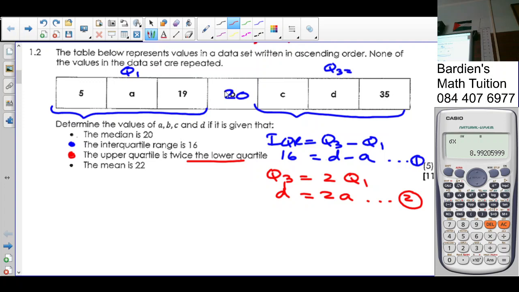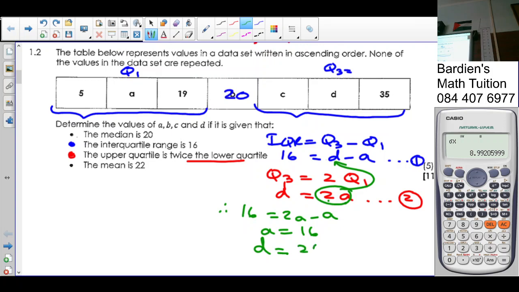Before we read any further, I can say therefore, substitute equation 2 into equation 1. It's going to be 16 is equal to 2A minus A. 2A minus A is A, so A is 16. So what is D? D is going to be 2 times 16, which is 32. Alright?